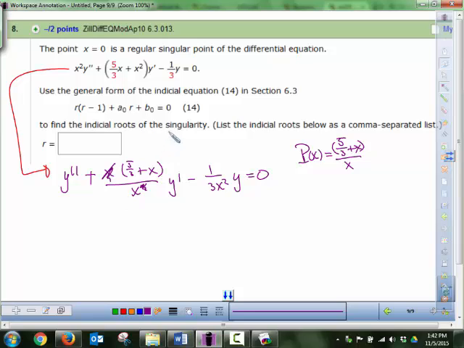Now I'm looking at the singular point x equals 0. So my little p of x is going to be x times this. The x's cancel, so this is just 5/3 plus x. Okay, so far?